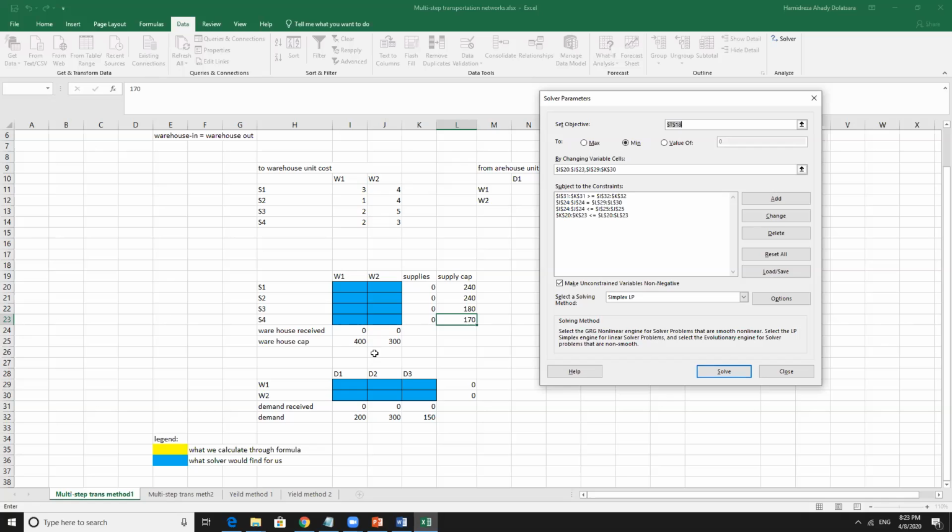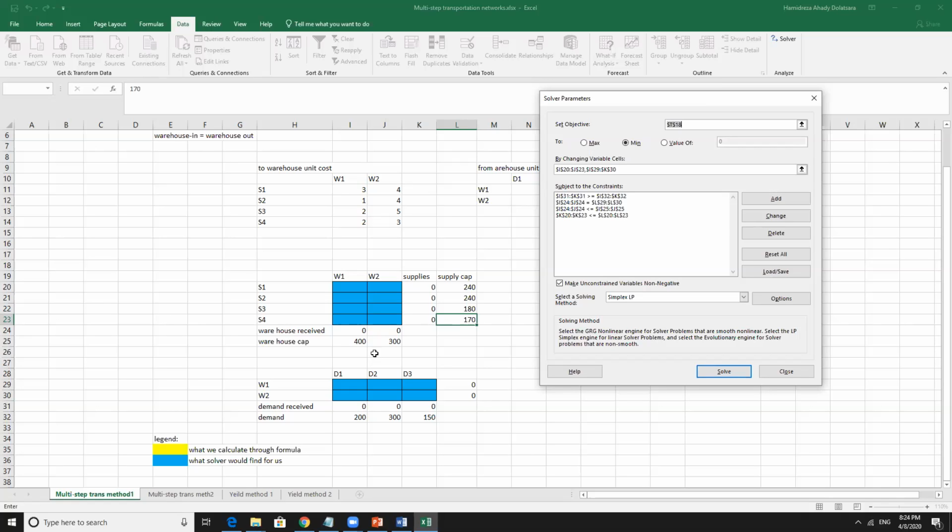So what does it mean? Our warehouse capacity is 400 and 300. Whatever comes to them should be less. So we cannot store more than 400 in the first warehouse or more than 300 in the second warehouse.